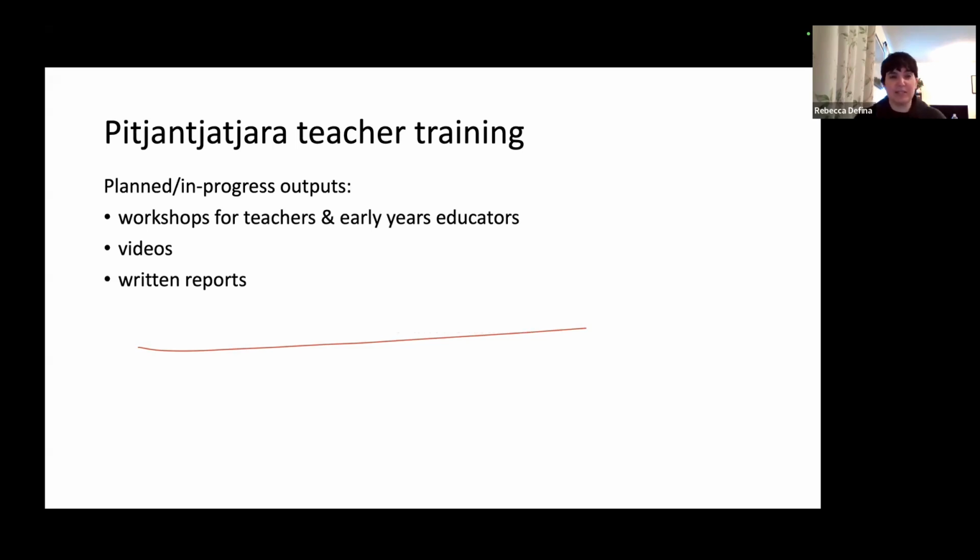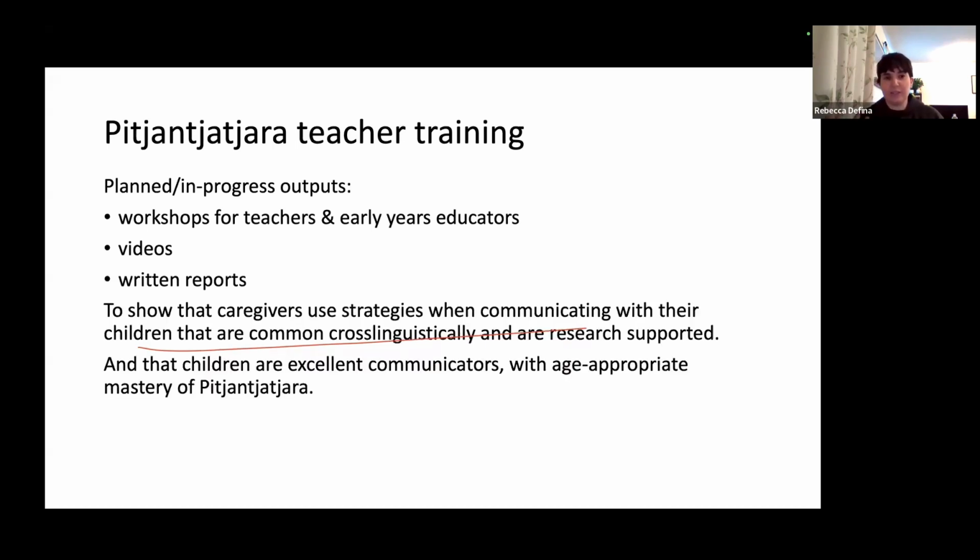And so she suggested that we create materials about child-directed language in Pindara and showing how Pindara families are using all these strategies when communicating with their children that are common cross-linguistically and are research supported, to kind of counteract this view she was seeing from a lot of the white educators that the Pindara families were lacking and needed to use child-directed language strategies from European languages.